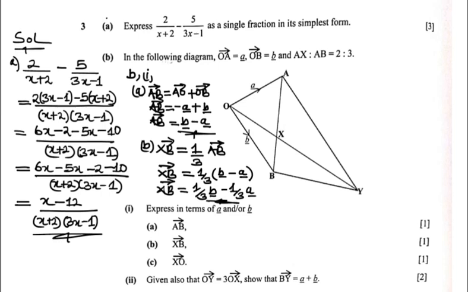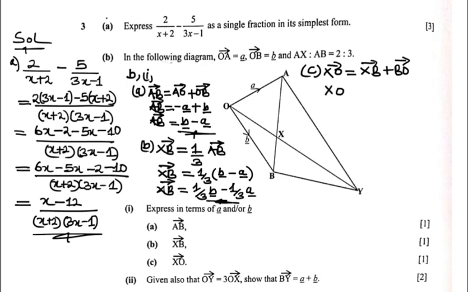Moving on to C. On C, we want to get the vector XO. To get this vector, we will consider the directions XB vector, then plus BO vector. So we got XB on B, and BO vector is just the opposite of OB vector.